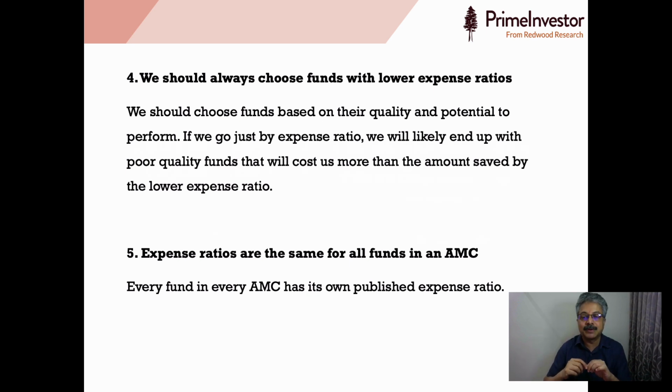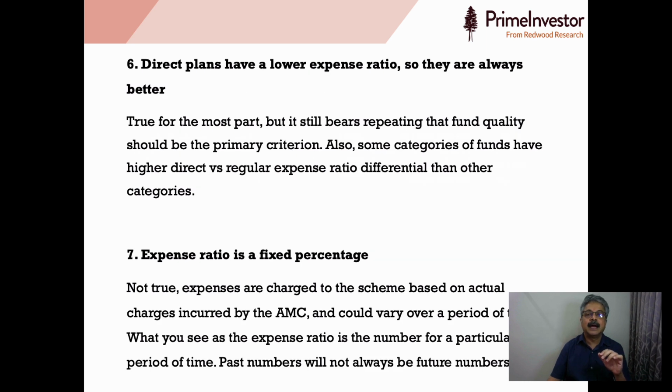Expense ratio is the same for all funds in an AMC. That is also not true. Different categories, even within a category, different funds will have different expense ratios in an AMC. And direct plans have a lower expense ratio, so they are always better. They are better on that count, but you have to make sure that the fund is of a good quality, and you need to be able to choose your funds well.